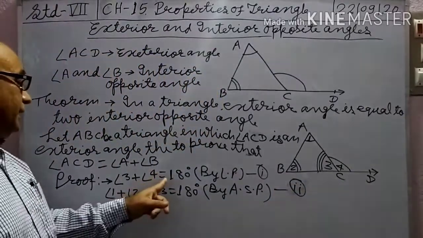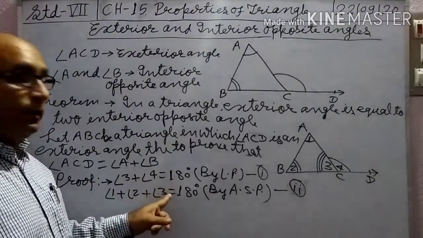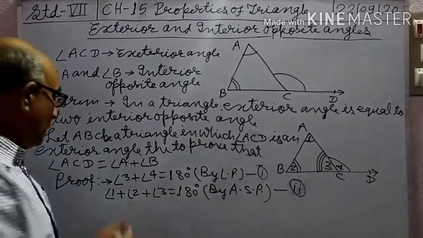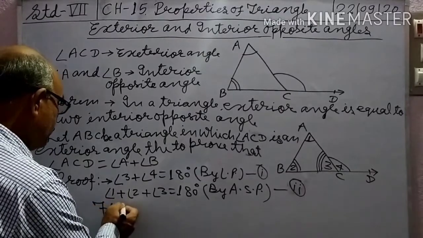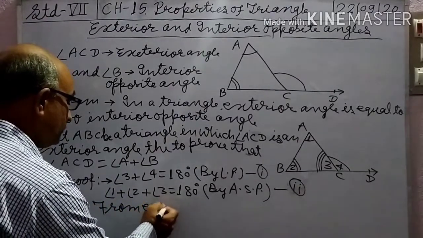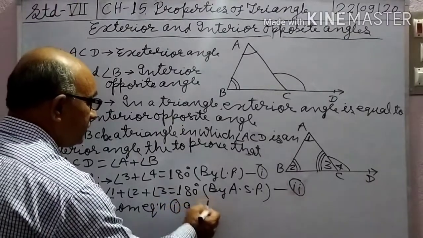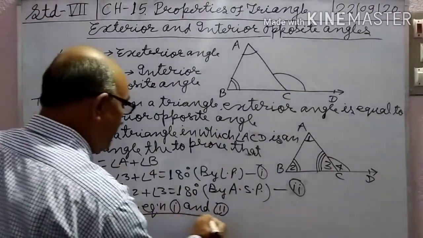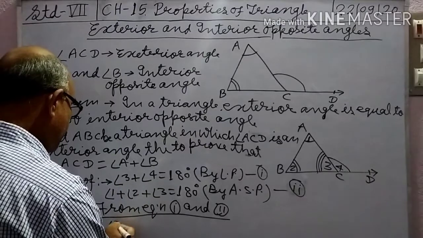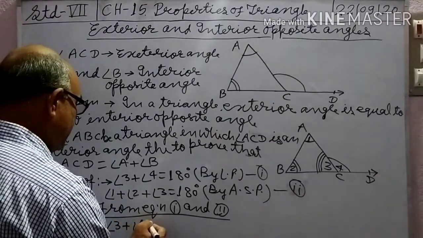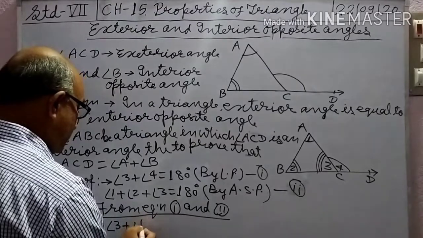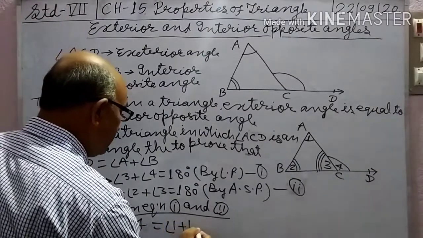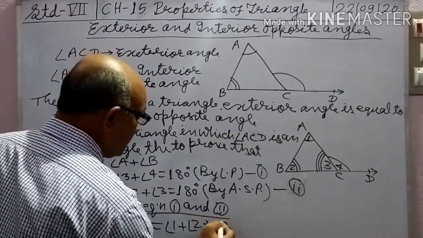Students, take care. Both equations have equal right hand side, 180 degree. So from equation 1 and 2, angle 3 plus angle 4 equal to angle 1 plus angle 2 plus angle 3.